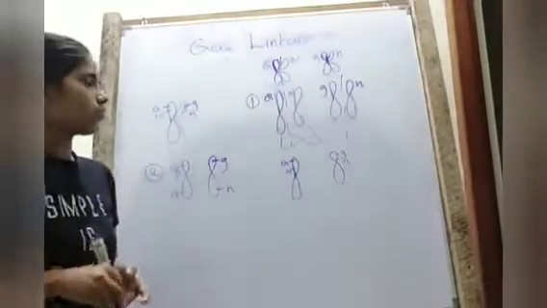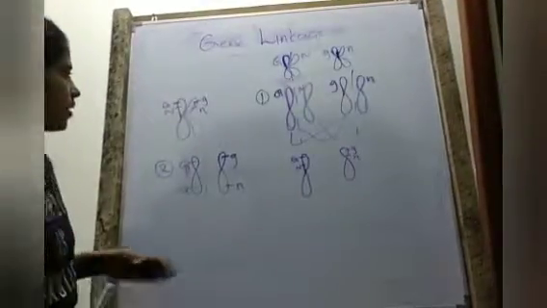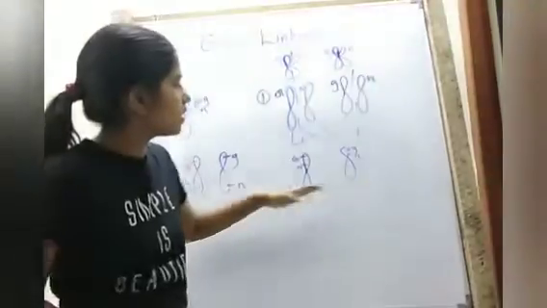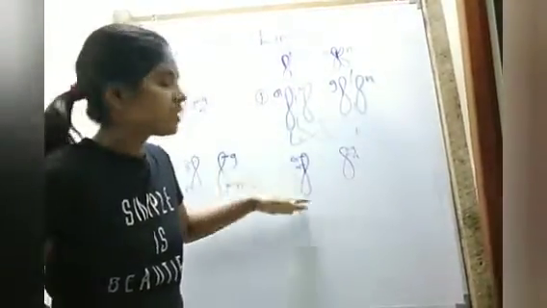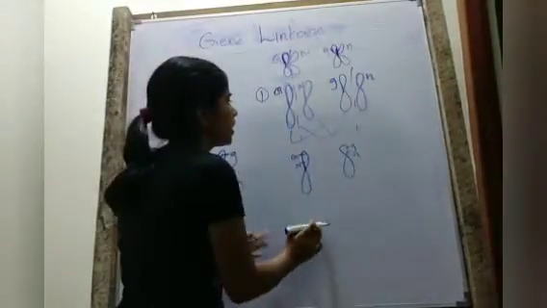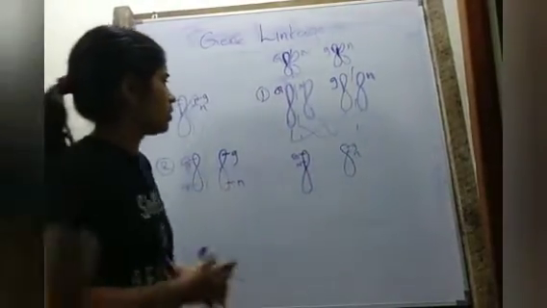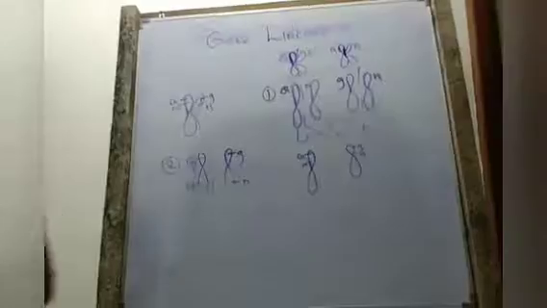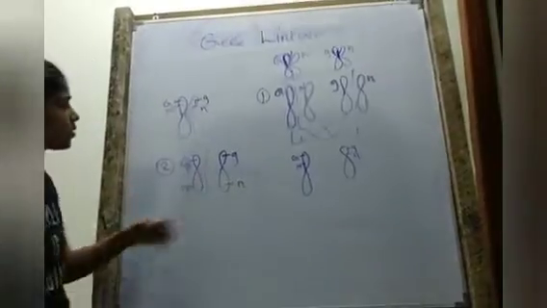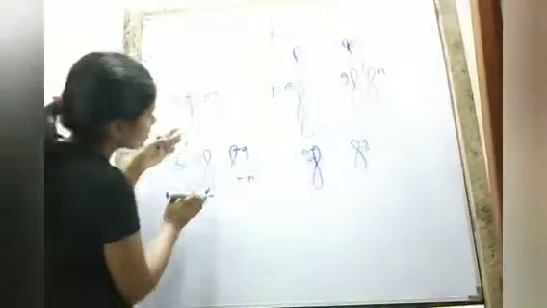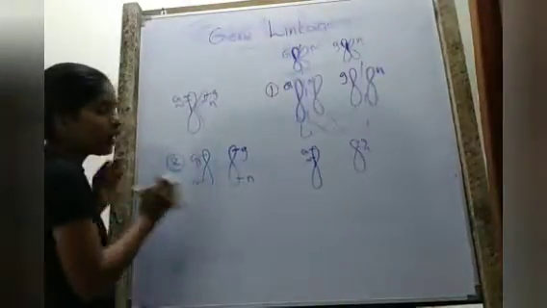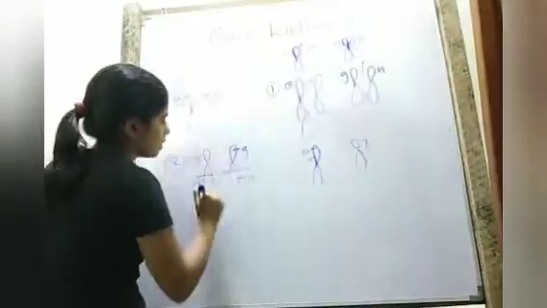But in this condition, in gamete formation we get a result like this. Here we cannot do independent assortment because these 2 genes are located on the same chromosome. So this is an instance of crossing over. Here, since the 2 genes are located far apart, crossing over can occur.